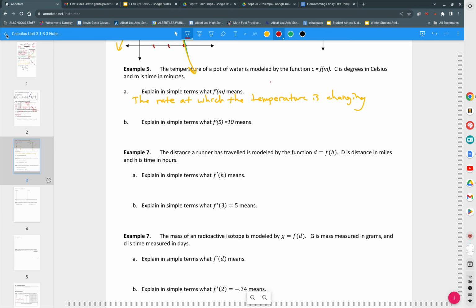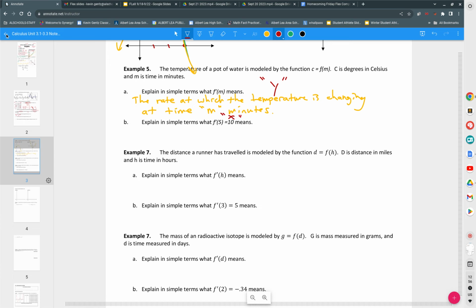So this piece right here will always be the y, or the function, or the output. The rate at which the temperature is changing at time m minutes. So this is always the x part right here. The rate at which the temperature is changing at time x minutes.